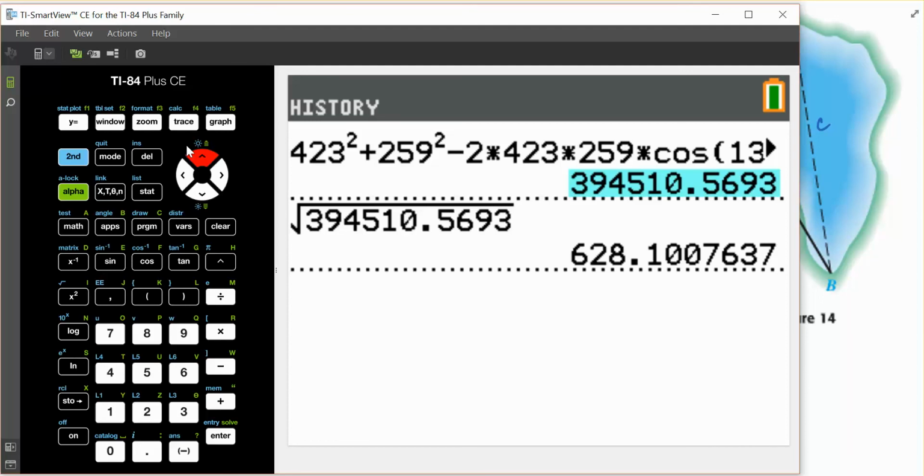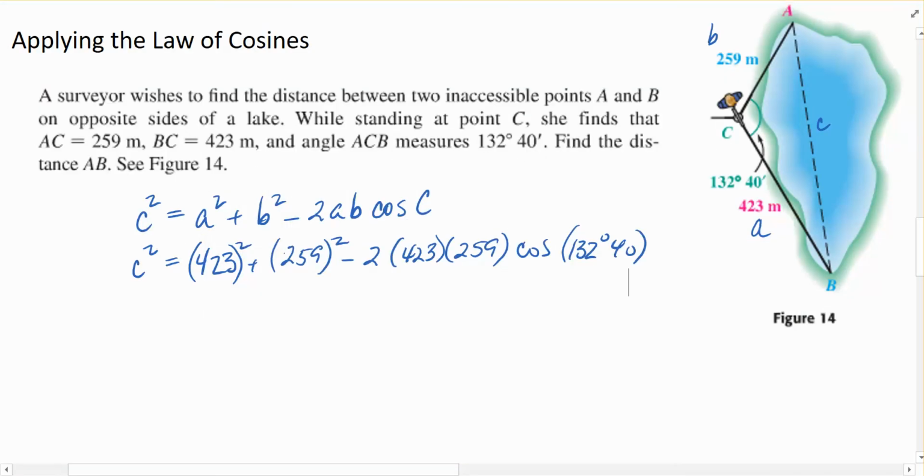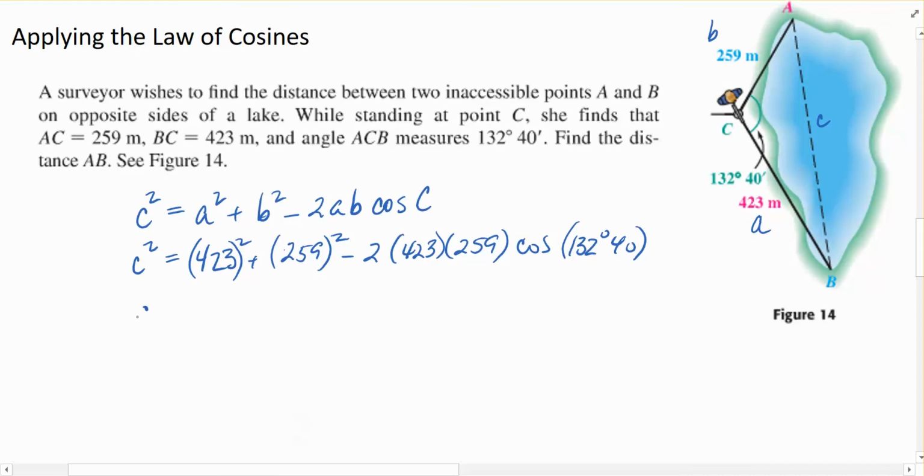But don't forget that when I'm solving for the side using the law of cosines, I now have to take the square root of that, which I did here, giving me a side of 628 meters if I round to the nearest whole number. So c ended up being 628 meters.